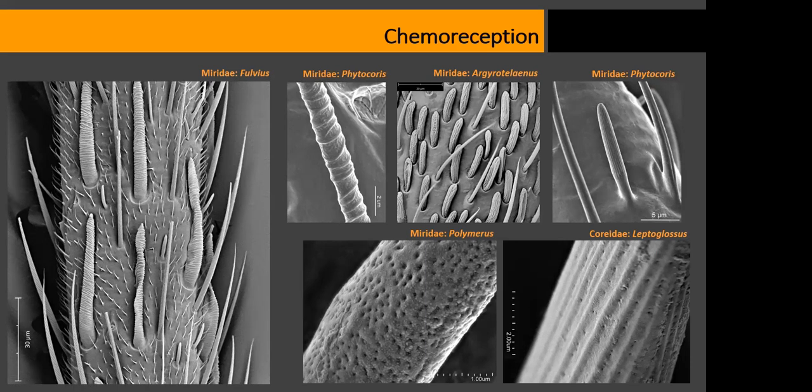The pores range from 10 to 25 nanometers in diameter, and their distribution varies depending on the type of sensory organ. Sometimes the same sensillum has a dual function, being both a mechanoreceptor and a chemoreceptor.